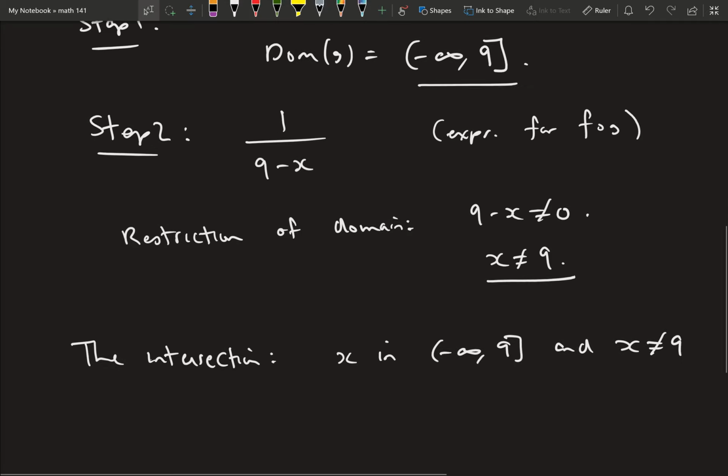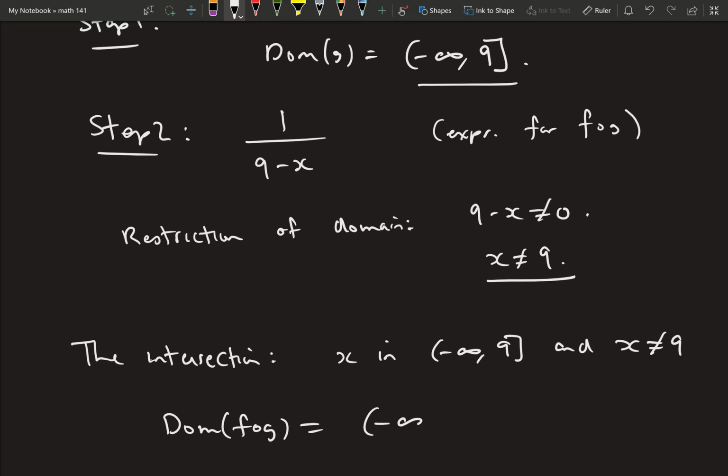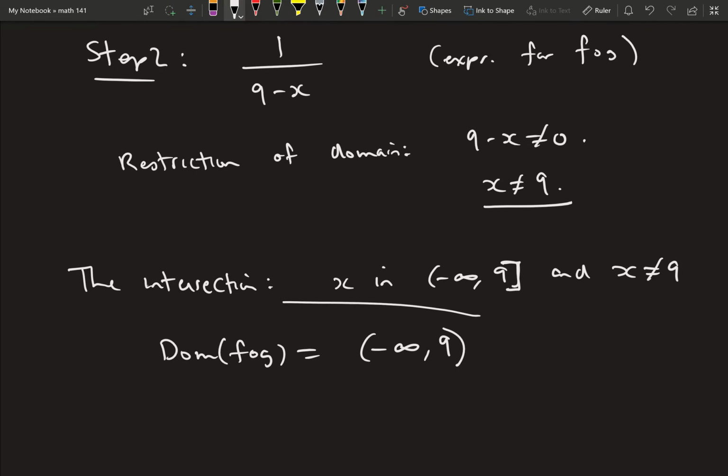Well, if you take both those together, that's the domain of f composed with g, which is negative infinity to 9. And now instead of the closed bracket here, this was our closed bracket, we open the bracket there so that we remove 9. And that turns out to be the domain of f composed with g.